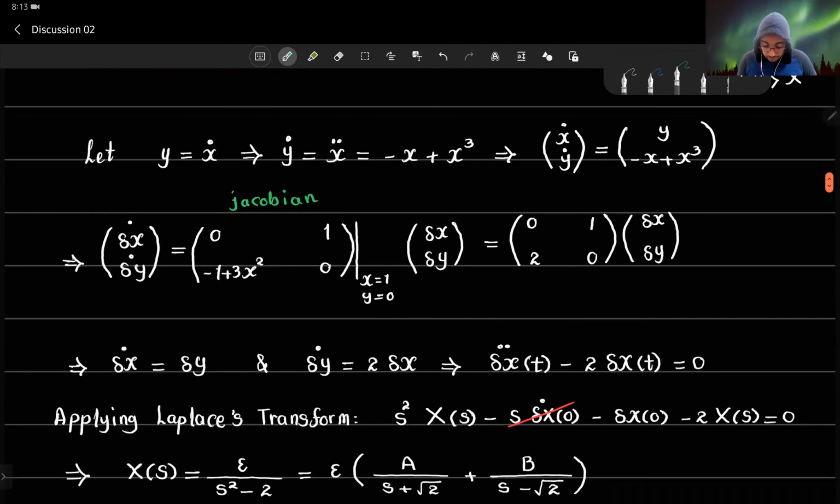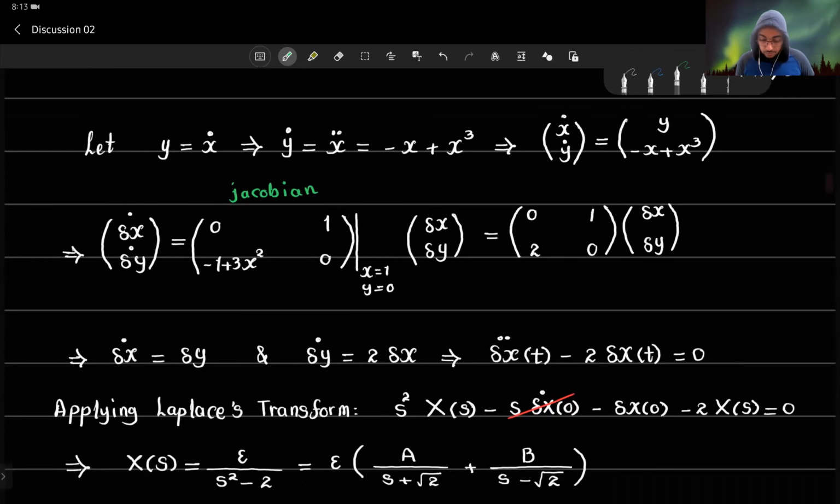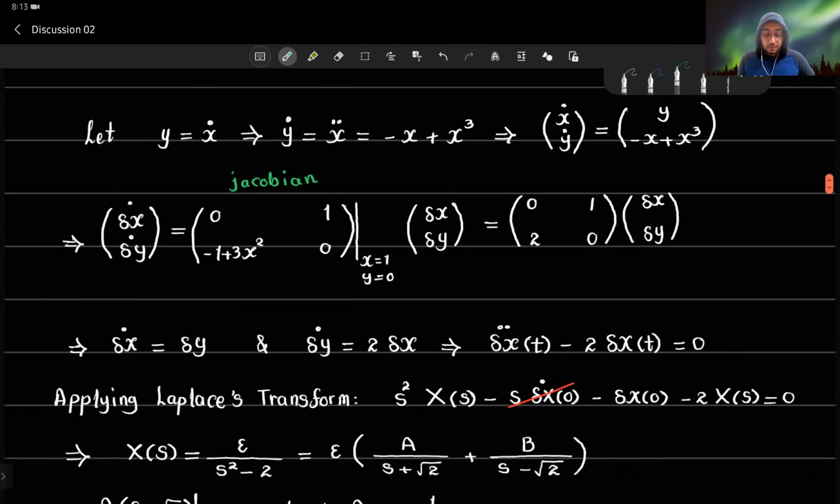So if you want to go back from a vector equation to a linear differential equation, we can see that delta x dot is equal to delta y, right, from the equation, which means that delta y dot is equal to delta x double dot, which from this equation we see is going to be equal to 2 times delta x.